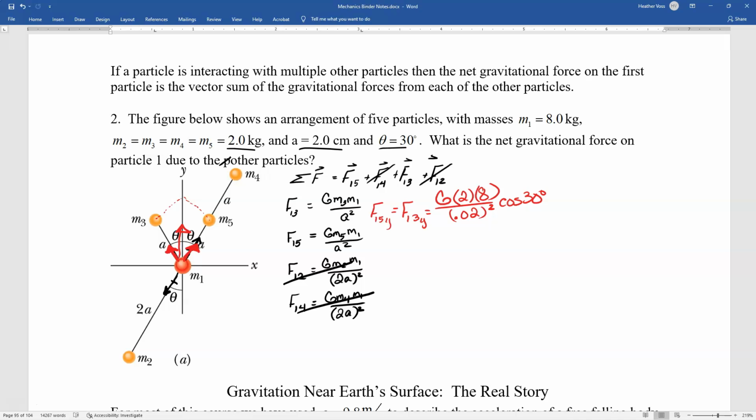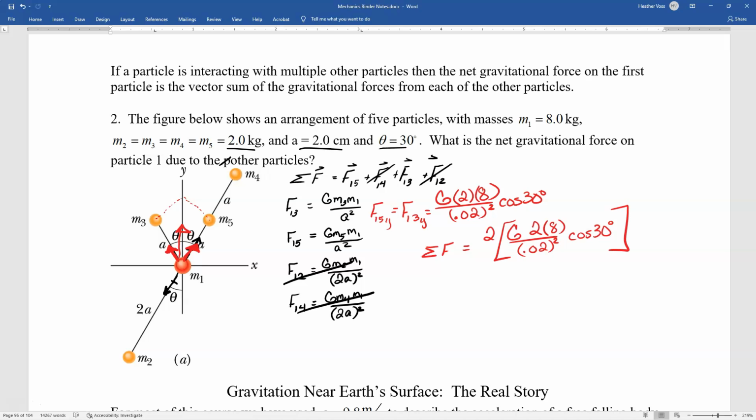So basically what we're going to end up with is that the sum of all of the forces is going to be 2 times big G times 2 times 8 over 0.02, that's 2 centimeters as a meter, squared, times cosine of 30 degrees, so it's square root of 3 over 2.